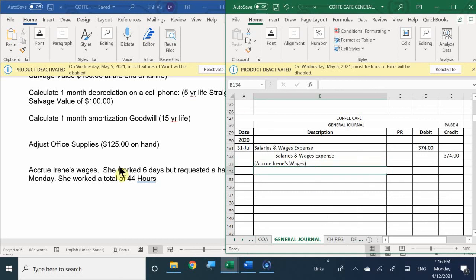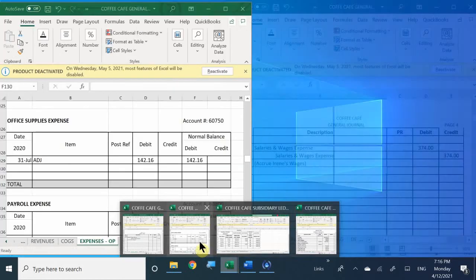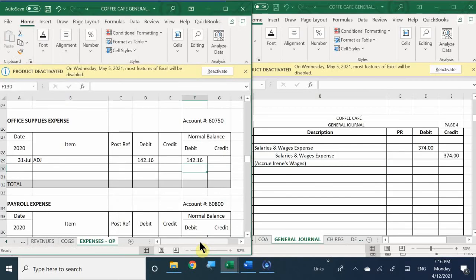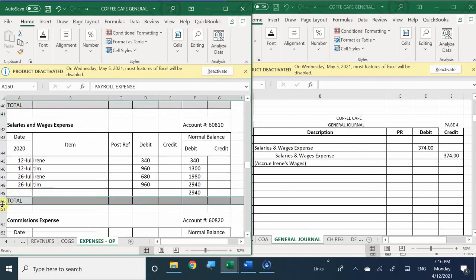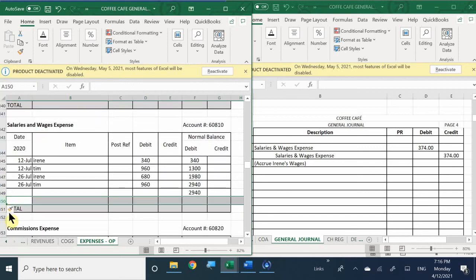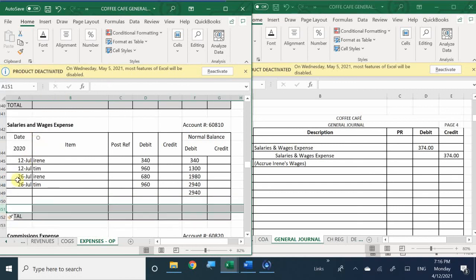So if we have this information, I guess we could post it to the ledger since we know how much it is already. So $374. Here we are under expenses, payroll expenses. First thing I see here is salaries and wages expense. I'm going to insert Irene here.